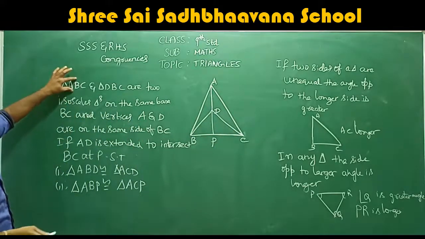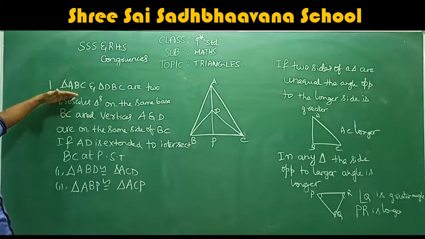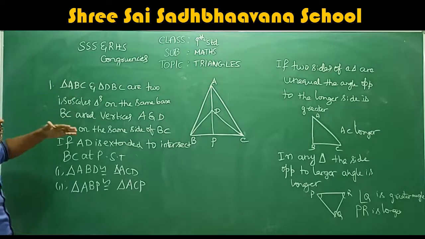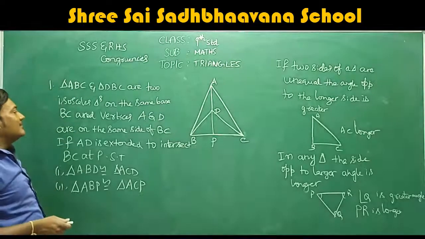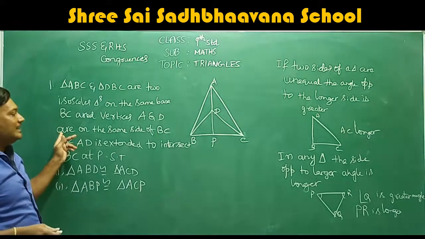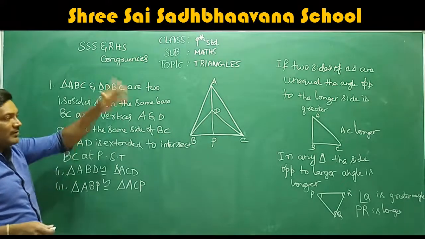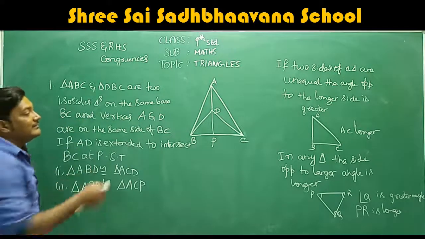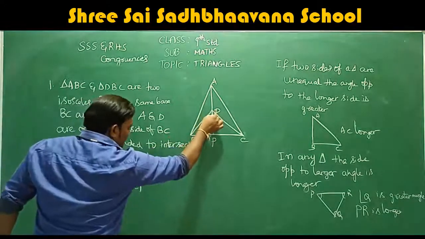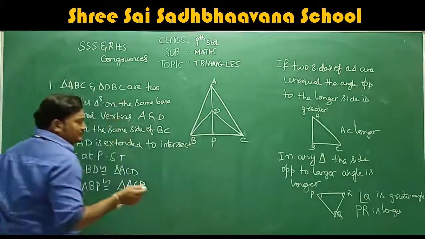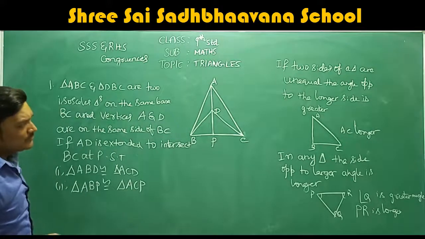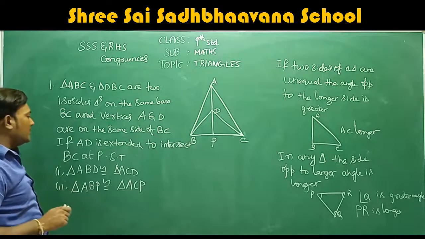They are clearly telling that ABC and DBC are two isosceles triangles located on the same base, and vertices A and D are on the same side of BC, and this AD is extended such that it meets BC at the point P. Okay. This is given.